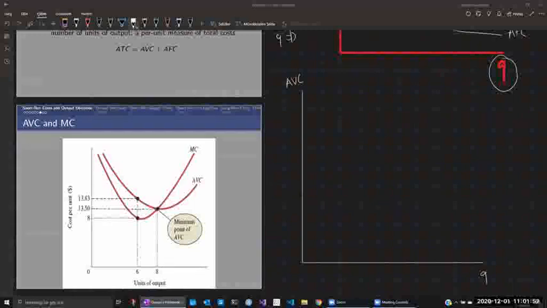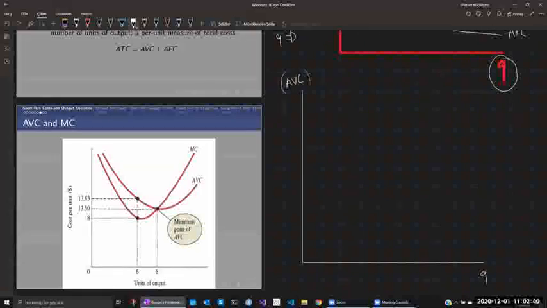What we know about the production structure in the short run is that as we would like to produce more, we first face an increasing productivity for some region until some production level, and after that we observe decreasing returns to the factors that we use in the production, right? So I argue that when there is an increasing productivity, then the average cost should be decreasing, right? Average variable cost I'm talking about.